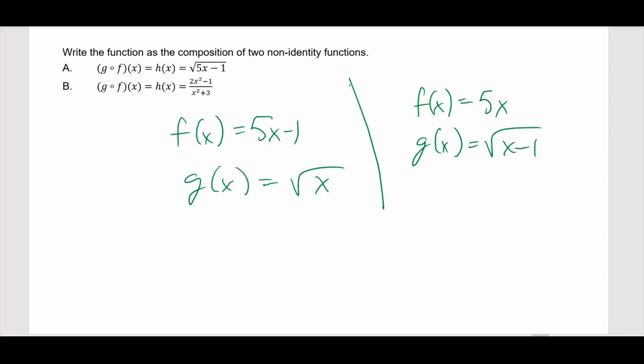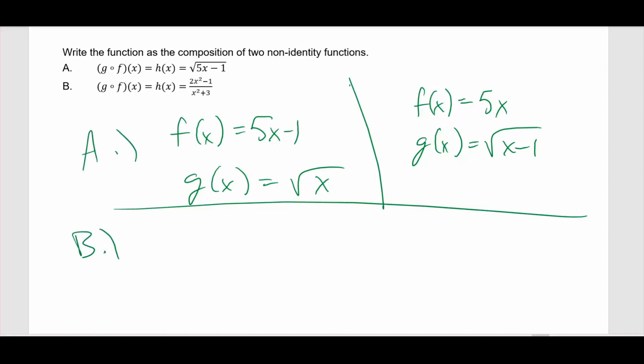So that was part A. Part B here is much the same. We look at the structure of the thing and make the inside function be as simple as possible without just making it be the identity. Well, we're probably going to choose x squared. If I let f be x squared, then what would g have to be?